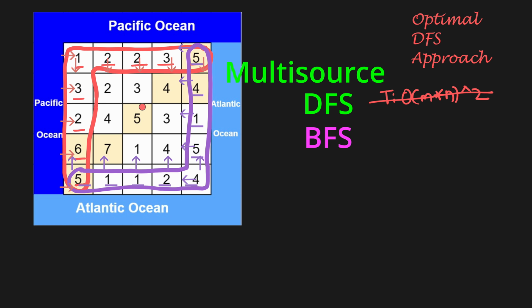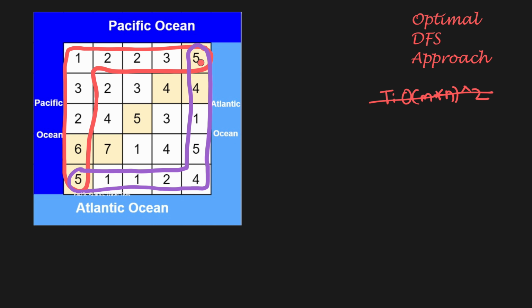Also, earlier the water was going downhill, that is from higher or equal height to lower or equal height. But now, since it is coming from the ocean, it has to just go uphill. That is, it can flow from a height which is lower or equal to a higher or equal height.